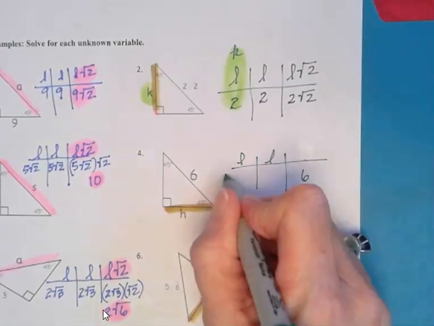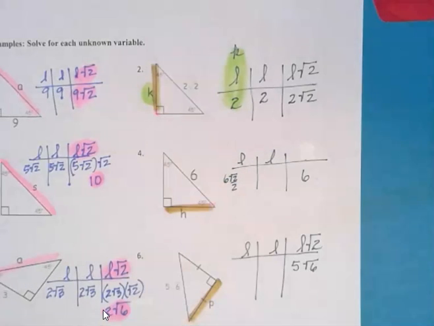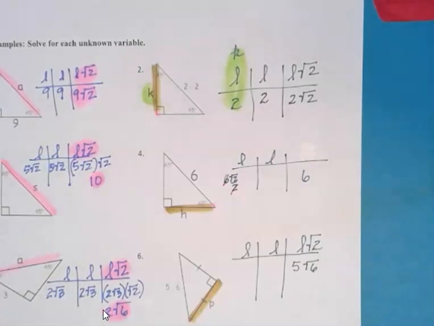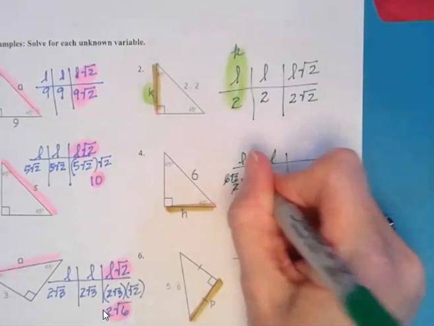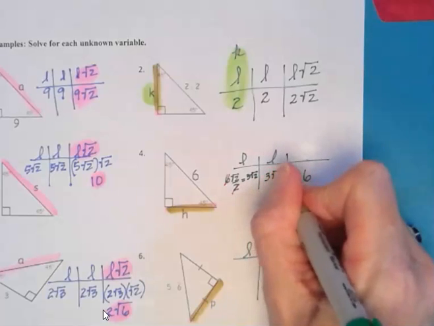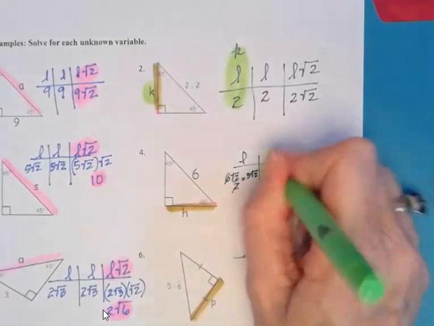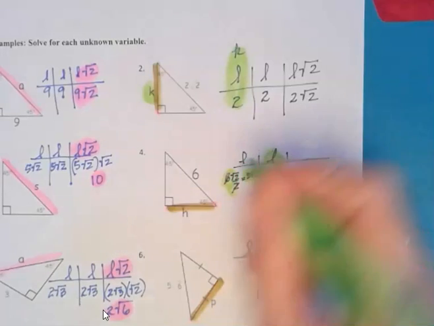I said all you do is take the hypotenuse times square root of 2 over 2, and if you can reduce, because 6 is divided by 2, your final answer would be 3 square root of 2. If one leg is 3 square root of 2, then the other leg is also. So we'll say it was this one right here, but you can see the work all happened here. To get the answers, the legs are the same.